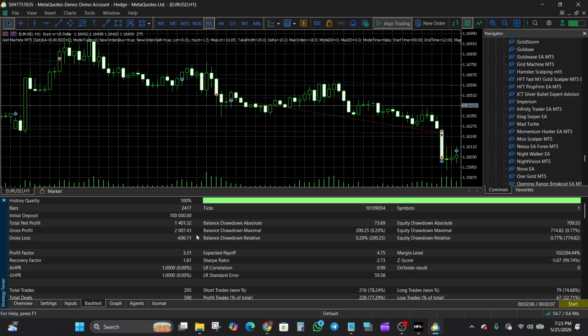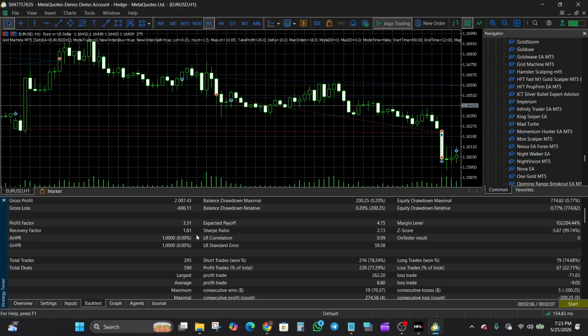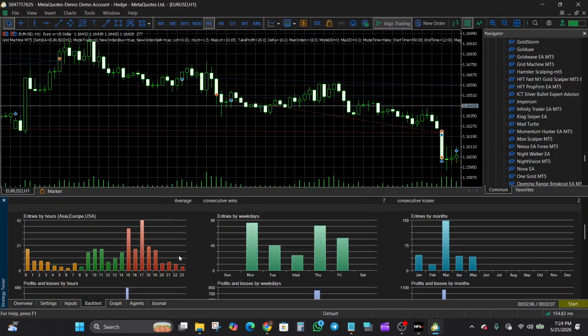All right. So overall, the EA is built around a structured grid approach combined with volume based entry logic, and the key takeaway is understanding how it manages exposure across both directions of the market rather than focusing on single trades.